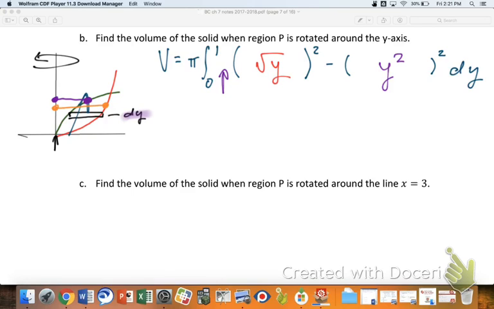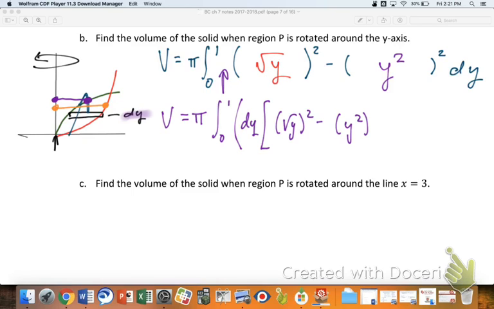Sure. I think there's a potential for some awkward notation. If I was going to do that, I would want to make it really clear what I'm doing. So I would probably do this: integral from 0 to 1 of parentheses dy, and then it would have to be big parentheses, and then root y squared minus y squared squared.